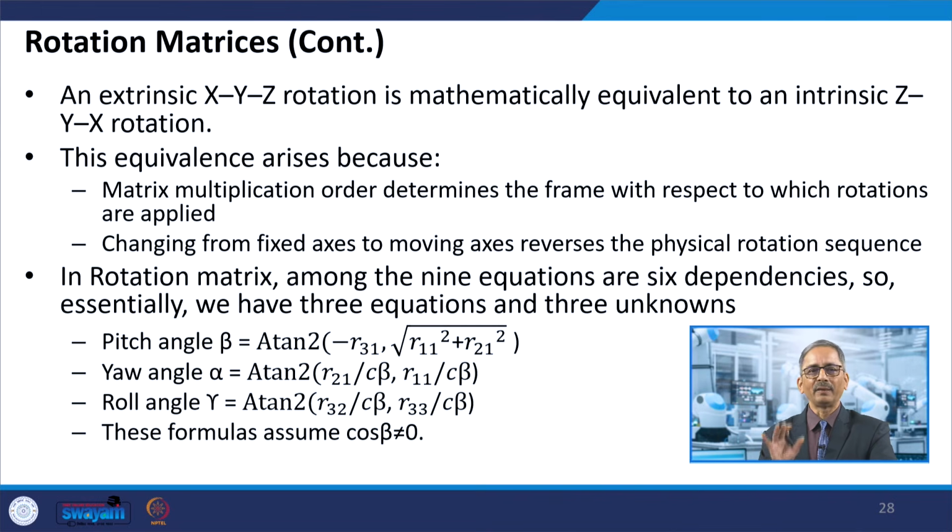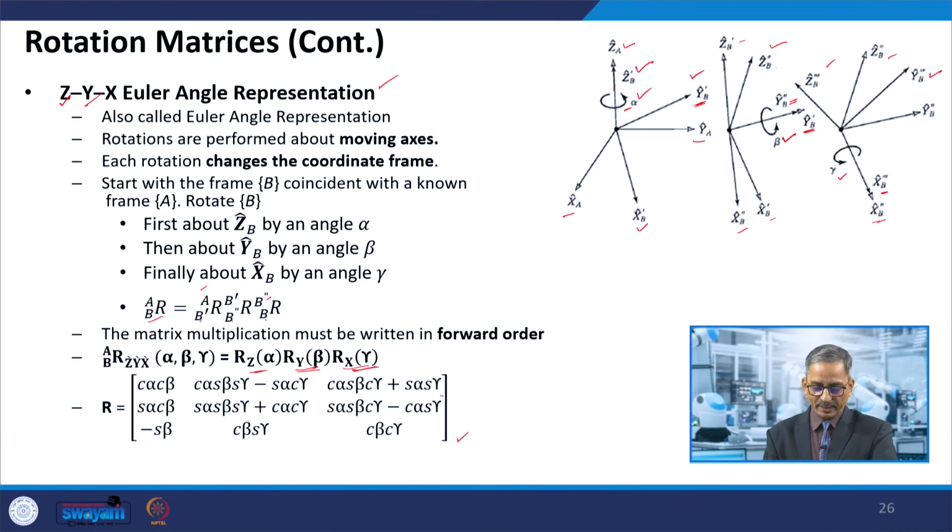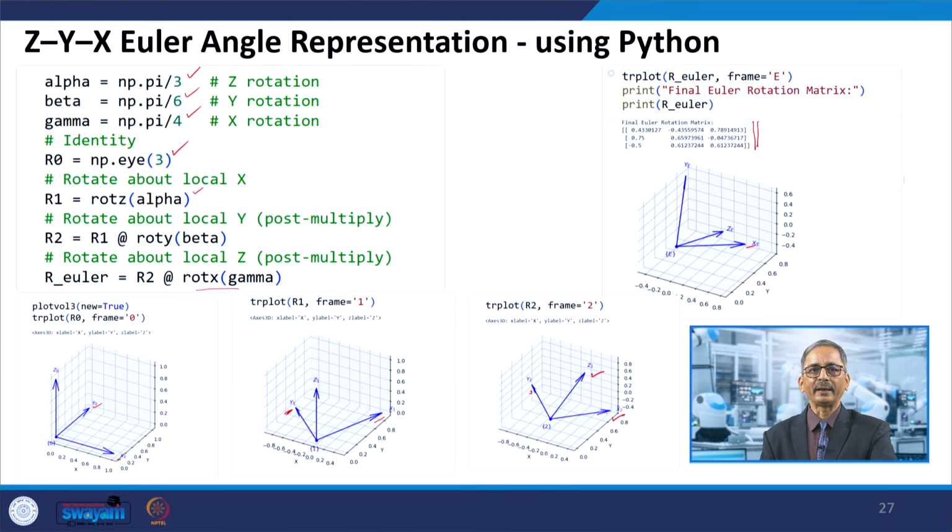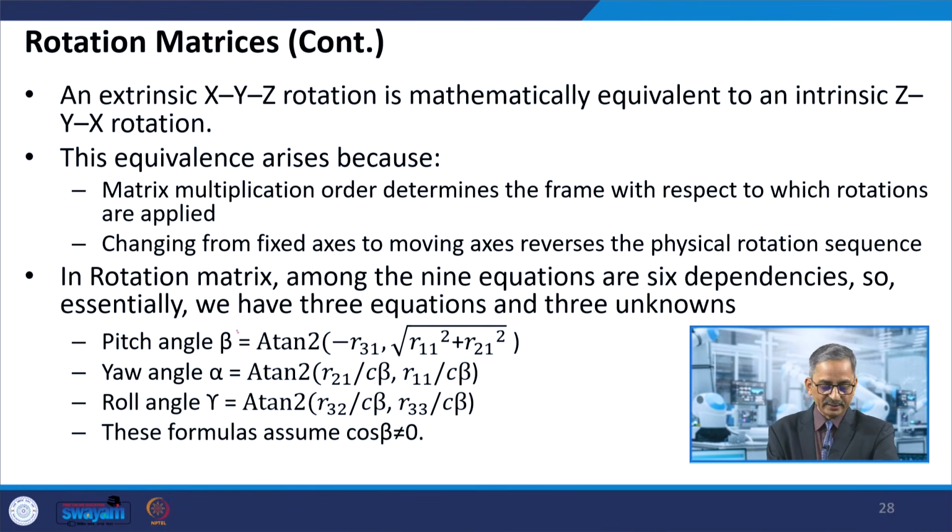Now, if in a problem I am given this rotation matrix, I am given the 9 elements of this 3 by 3 rotation matrix, and I am asked to find out what these angles are. So, I can do some simple mathematical simplification using this rotation matrix, and I can get these 3 angles beta, alpha and gamma. Again I am not explaining in detail how it is a simple mathematical simplification.